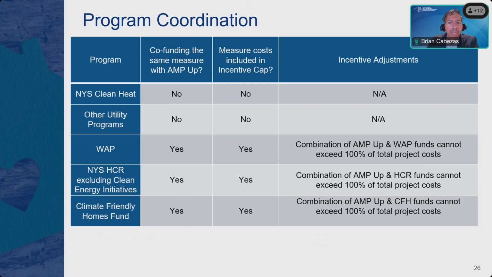In the application process, we do ask you to indicate what other programs the project is intending to participate in, and we will review those details on a case-by-case basis. With that said, for some general directional guidance, AMP Up primarily uses ratepayer funding for its incentives. So based on that, we cannot layer with other ratepayer funded programs.